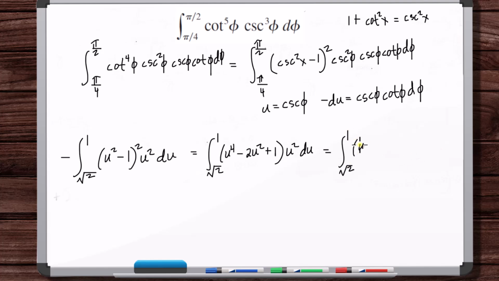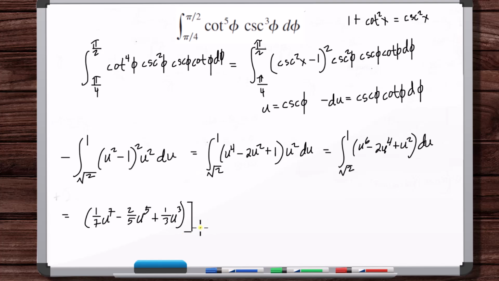Okay, u to the sixth minus 2u to the fourth plus u squared du. Okay, so 1/7 u to the seventh minus 2/5 u to the fifth plus 1/3 u cubed evaluated from root 2 to 1.